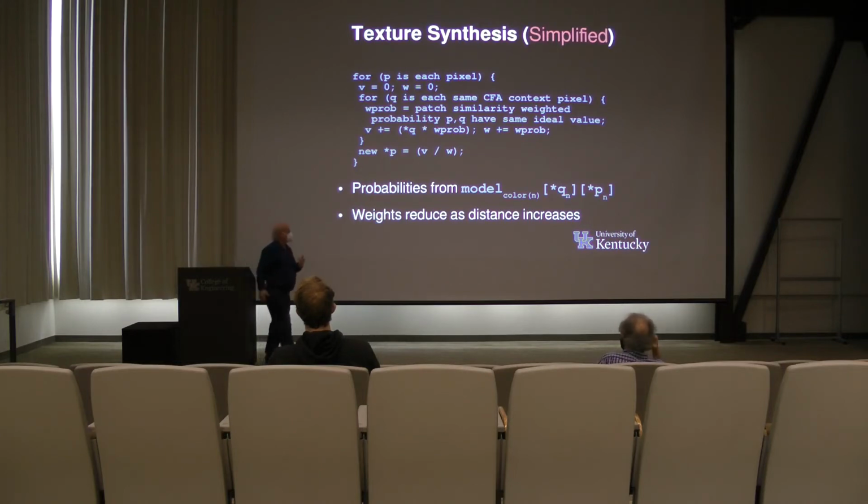So it's using that model that we've generated, indexing by the pixel in the original pattern, the pattern around the one that we're trying to replace the pixel value for, versus the one that we're actually sampling a texture from. Just looking those things up, per color channel, etc., gives us a very good statistical model for exactly what the noise is. On top of that, we also add in a little factor where we lessen the weight as you get further and further away. Because if you think about it, in many images, the textures that are present will change over areas in the image. So we want to bias it towards the things that are nearby.